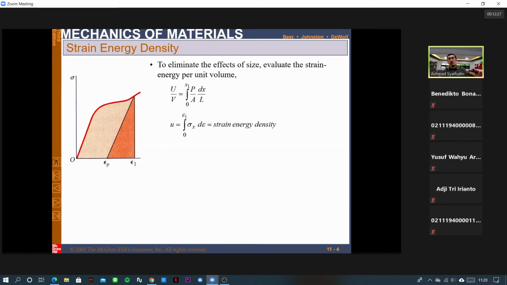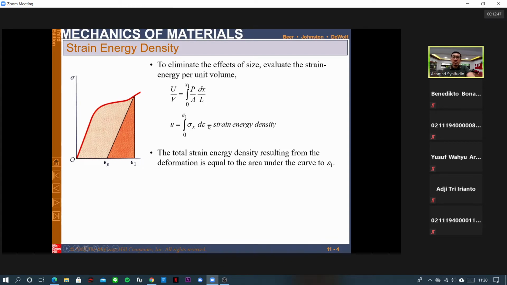Another term usually used in this case is strain energy density. Strain energy density is equal to stress times the small strain.